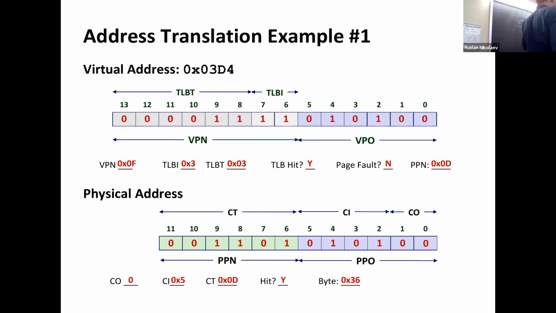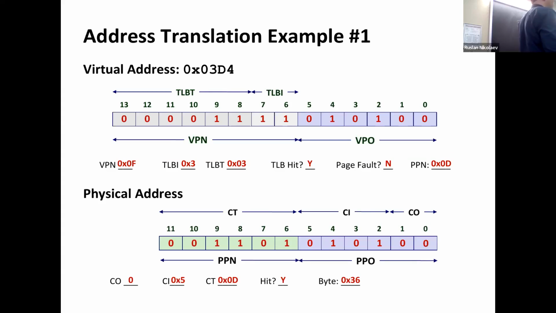So let's say we found the corresponding TLB entry. There is a TLB hit. We use the index to find the entry, and we compare the tag; it matches. So we have a TLB hit. At that point, the TLB will contain the physical page number, and therefore we don't have any page fault.